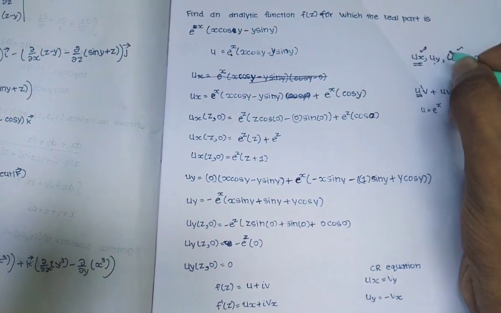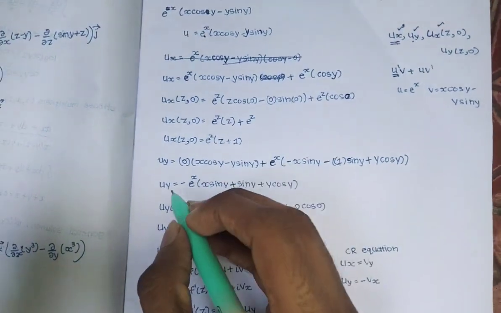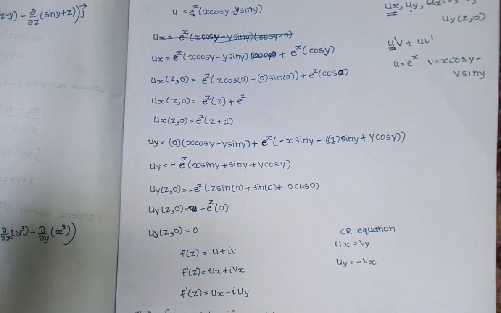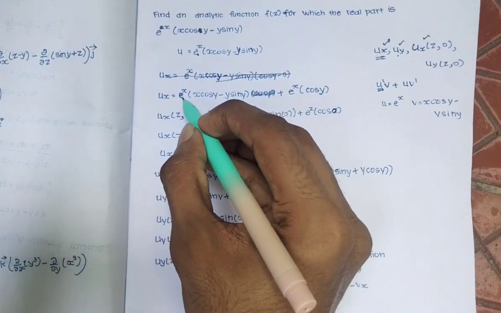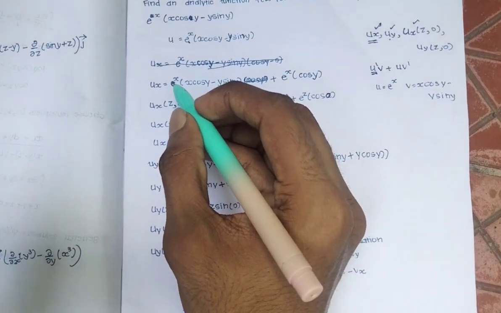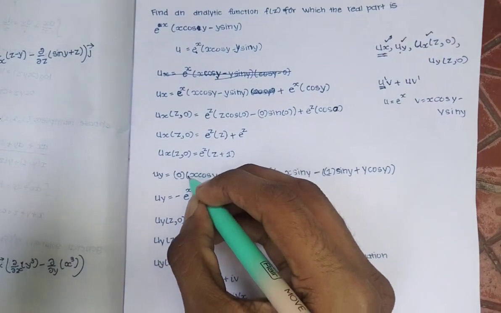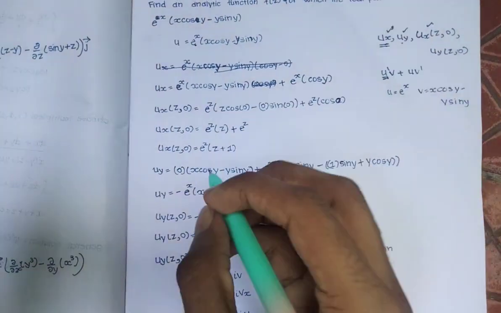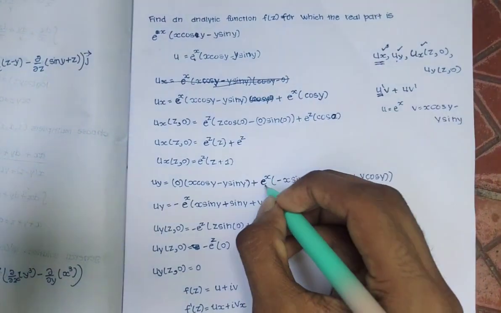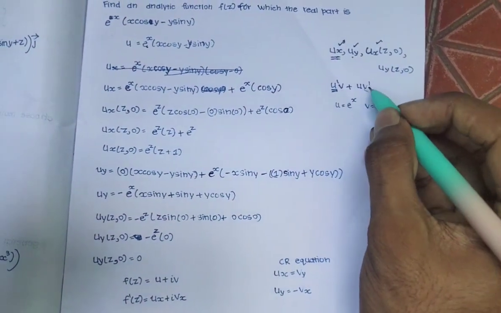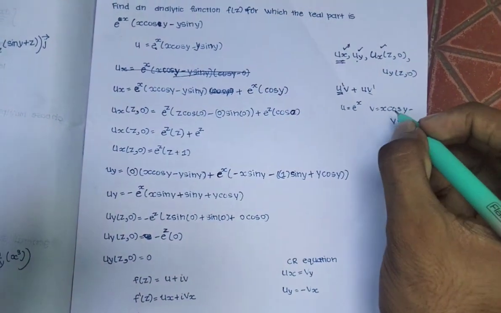Now we want to find u_y also, with the same uv method. Here e^x has no y term, so its derivative becomes 0. Then v as it is plus e^x, u as it is, then differentiate v with respect to y.